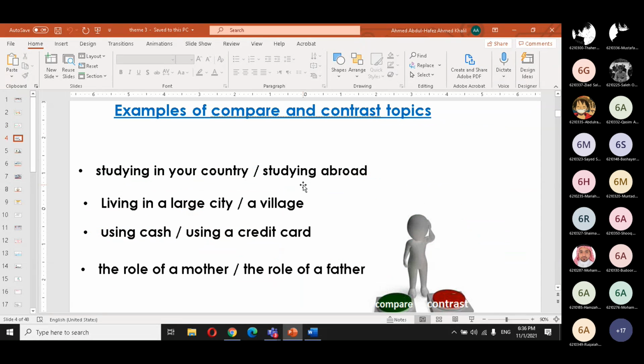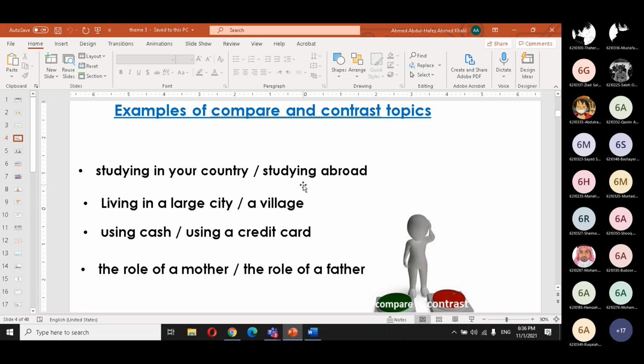These are examples of compare and contrast topics. You can compare and contrast studying in your country and studying abroad. What is similar? What's different? Living in a large city and living in a village.